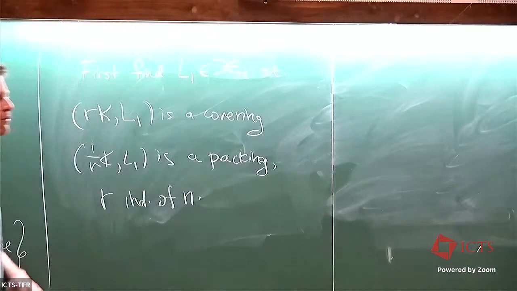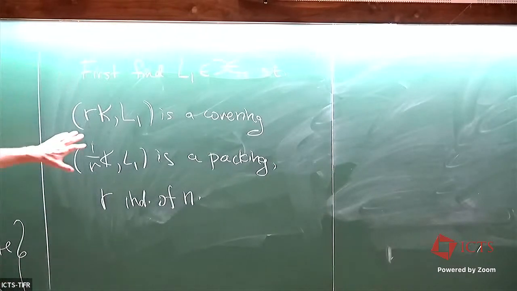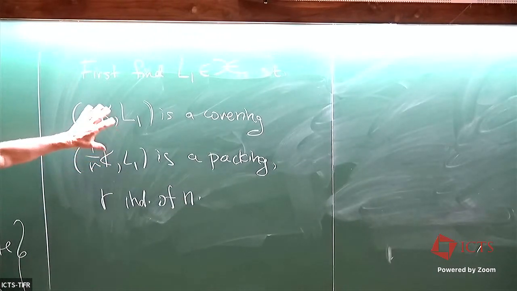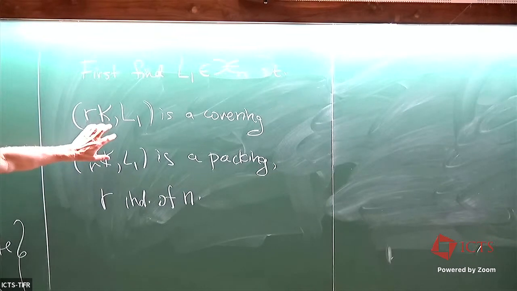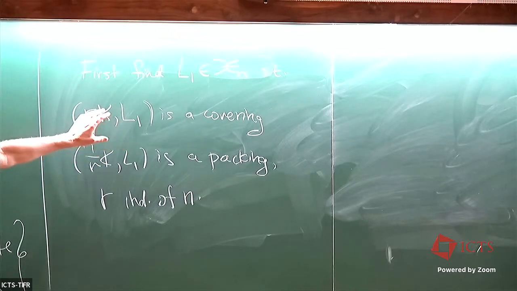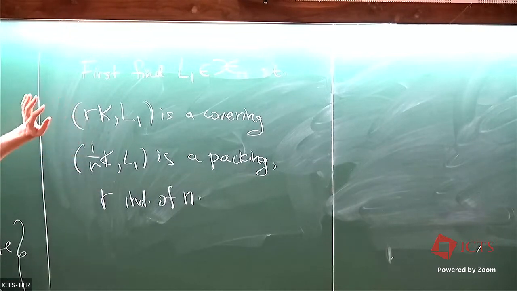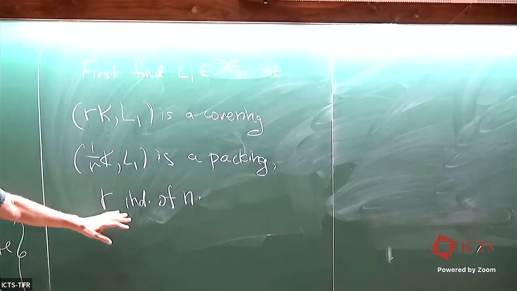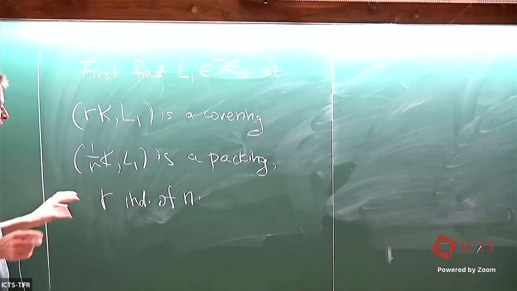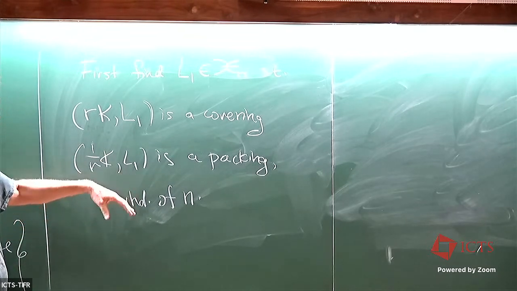We first find a lattice so that essentially if you inflate K by a little bit, you cover all of space, and if you shrink it by a little bit, you get a dense collection. Can you do this with some shrinking and dilating parameter R, which is independent of n? Yes, you can.